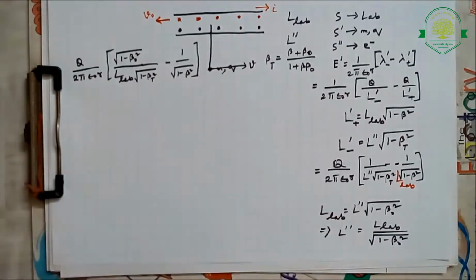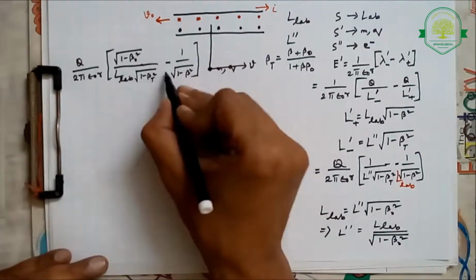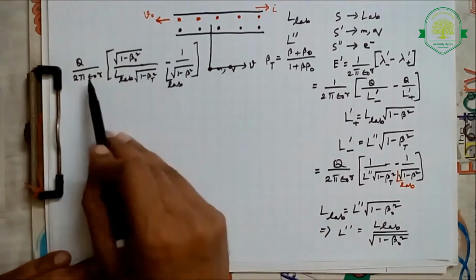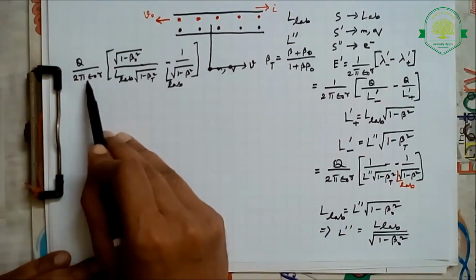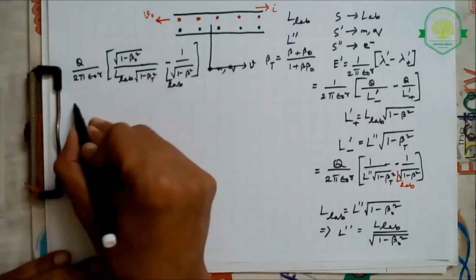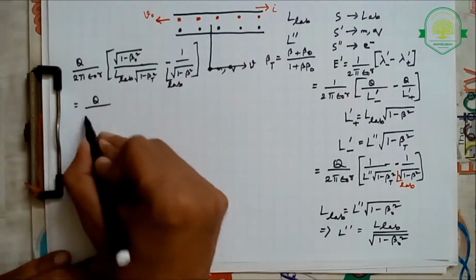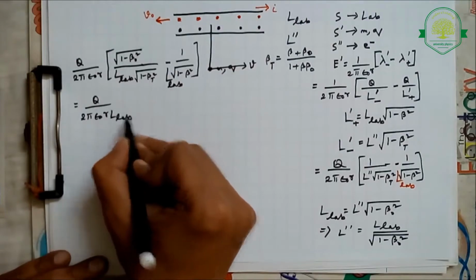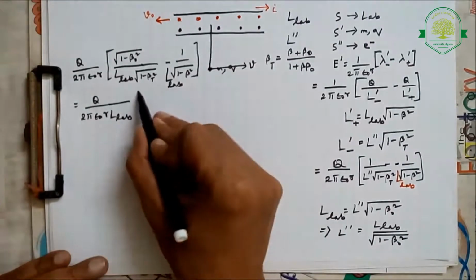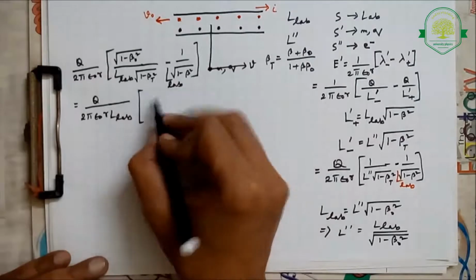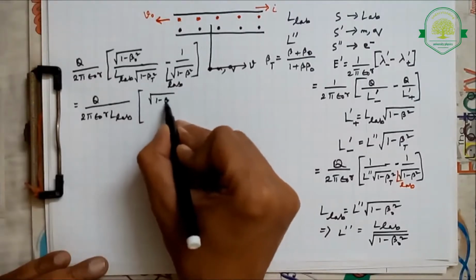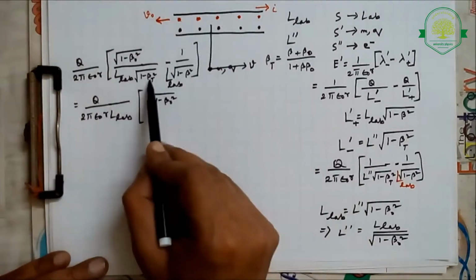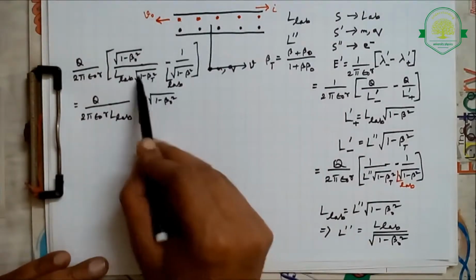So I've just substituted the expression for L double prime in terms of L lab. Now, again I've missed an L lab here. So I can take the L lab out of the brackets, and if I do that, I'll get Q over 2 pi epsilon 0 R L lab square root of 1 minus beta naught squared. Alright, so I'll need to figure out what this is.